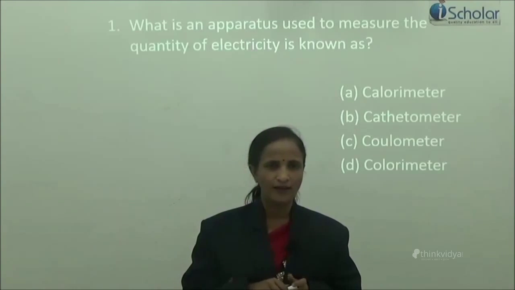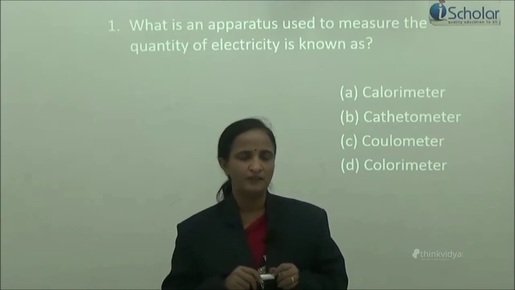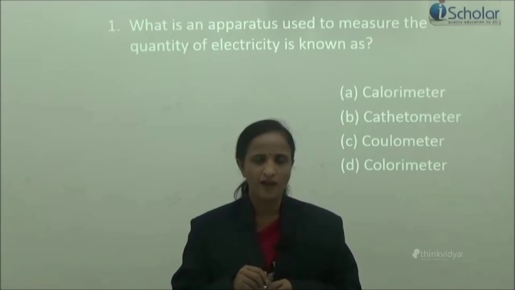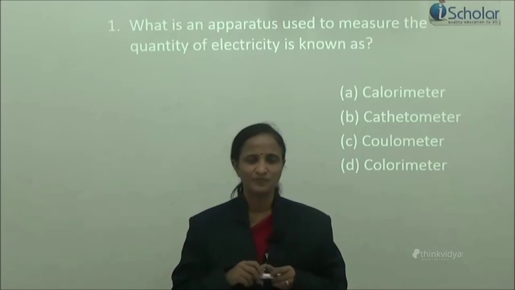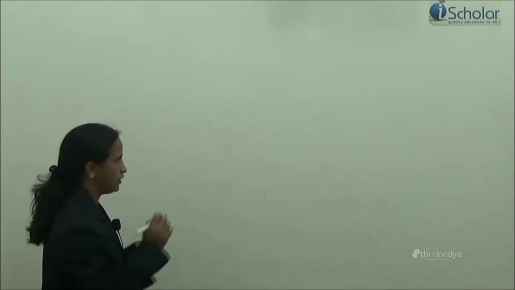Okay. Now quickly to recapitulate for you, what is Faraday's first law? Faraday's first law states that the mass of the substance liberated or deposited at an electrode is directly proportional to the quantity of the electricity passed. If that's the case, what's the formula? Do you remember?